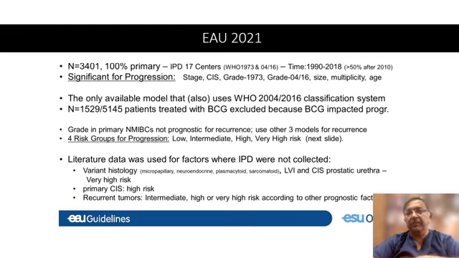Something we didn't have previously was variant histology, which includes micropapillary, sarcomatoid, plasmacytoid, the presence of lymphovascular invasion, and CIS in the prostatic urethra. They've all been categorized into the very high risk group. Primary CIS again is high risk, and recurrent tumors have been assessed as well.